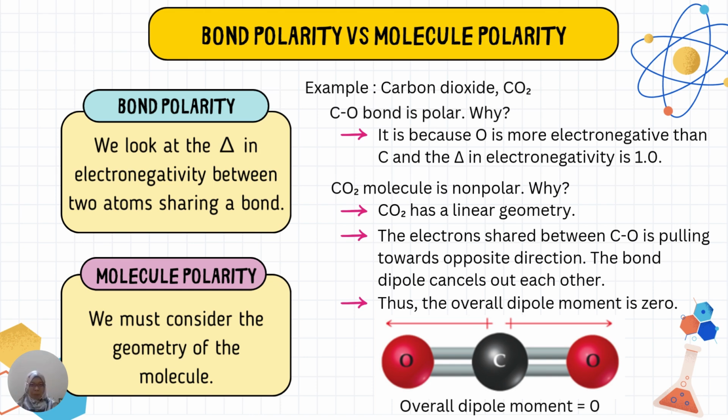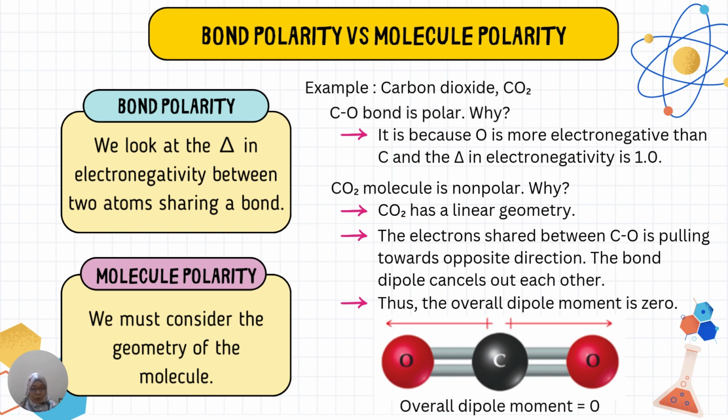For example, you have carbon dioxide. The C=O bond is polar. Why? Because oxygen is more electronegative than carbon, and the difference in electronegativity is 1. The carbon dioxide molecule, however, is non-polar. Why is that? If you look at the whole geometry, carbon dioxide has a linear geometry.